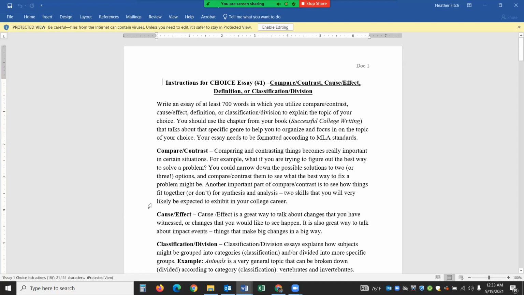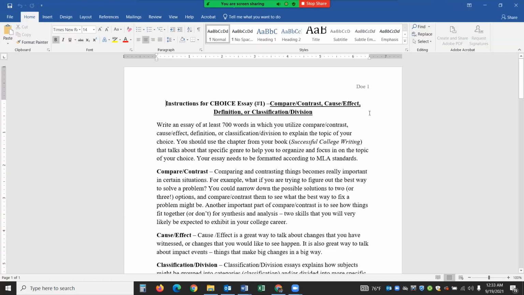So, the instructions are pretty straightforward and very helpful, I think. It says write an essay of at least 700 words, so it's a short essay, in which you utilize compare and contrast, cause and effect, definition, or classification or division to explain the topic of your choice.